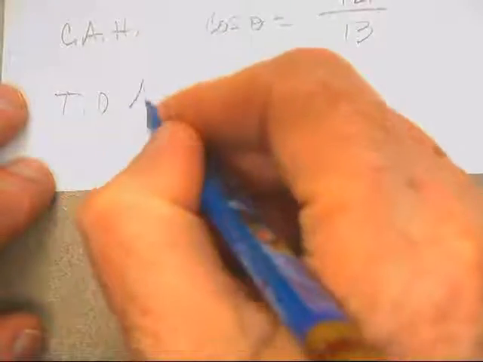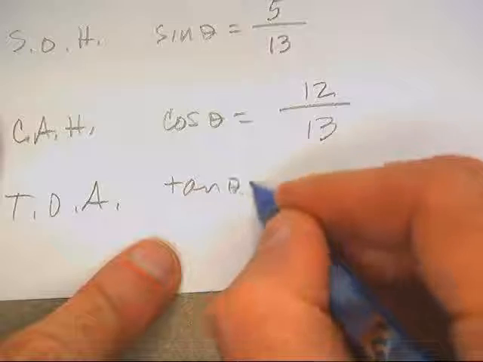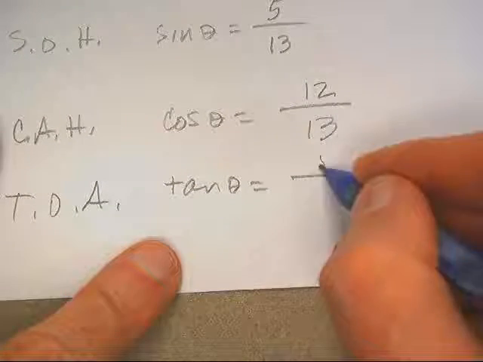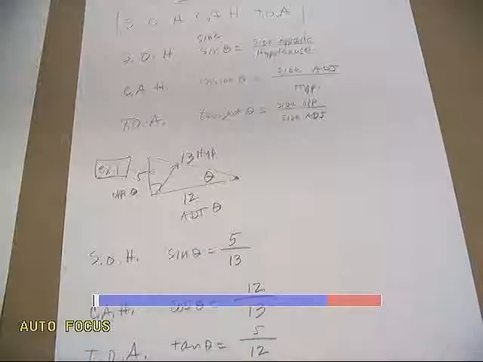So now we don't use the hypotenuse on tangent at all. And let's come down here and write TOA, tan, opposite, adjacent. We're done. So there's the first 3 trig functions.